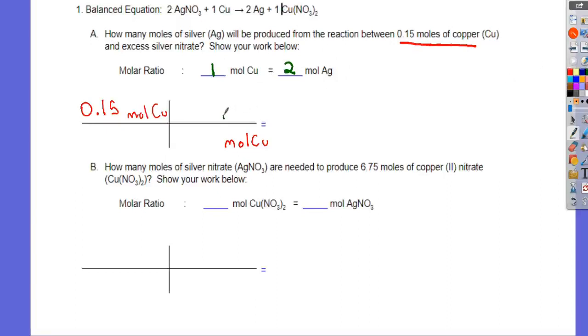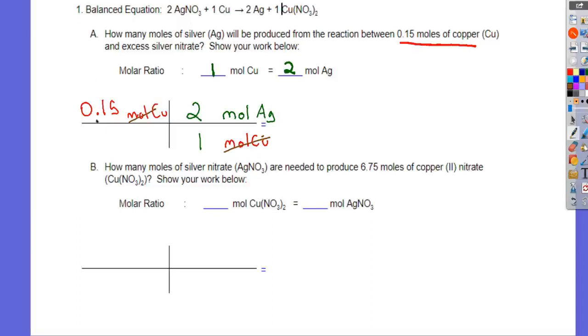So on top of mole of Cu, I'm going to put mole of Ag. So I have 2 moles of Ag is equal to 1 mole of Cu. Moles of copper in my numerator, moles of copper in my denominator means they will cancel out.